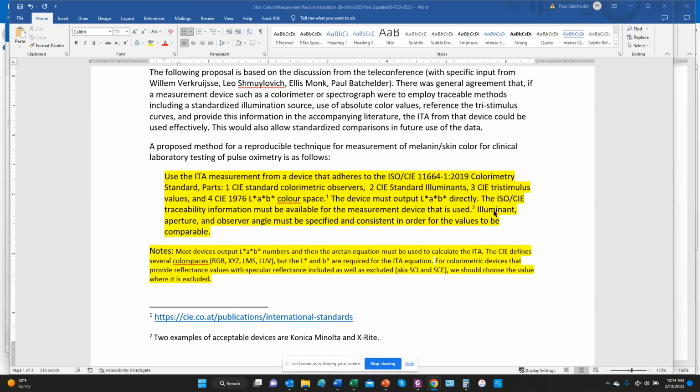The device must output L star, A star, B star, and then the traceability information must be available for the device that's used, because we understand that there are several colorimeters that purport to measure L star, A star, B star, but don't have traceability.